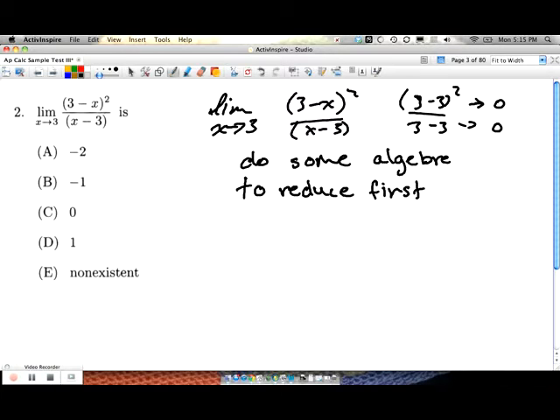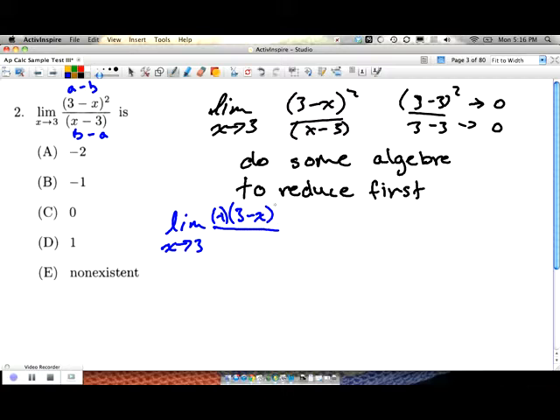Well, when I look at this, first I notice that they're very similar. This has a minus b, and on the bottom it's b minus a. Well, the cool thing is, if I multiply the top and bottom by negative 1, then I'd have limit as x approaches 3 of 3 minus x. We're going to multiply this by negative 1. That's 3 minus x squared.